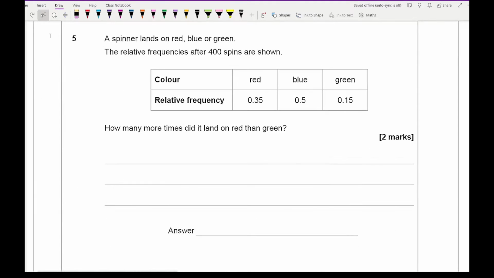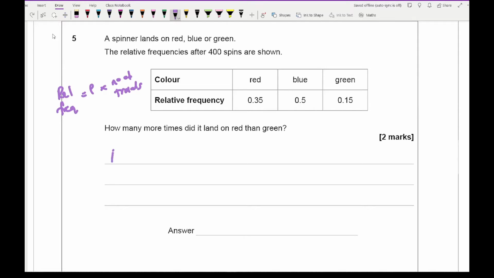Moving on to question 5, it says that a spinner lands on red, blue or green. The relative frequencies after 400 spins are as shown. How many more times did it land on red than green? So for relative frequency, the formula is the probability multiplied by the number of trials.